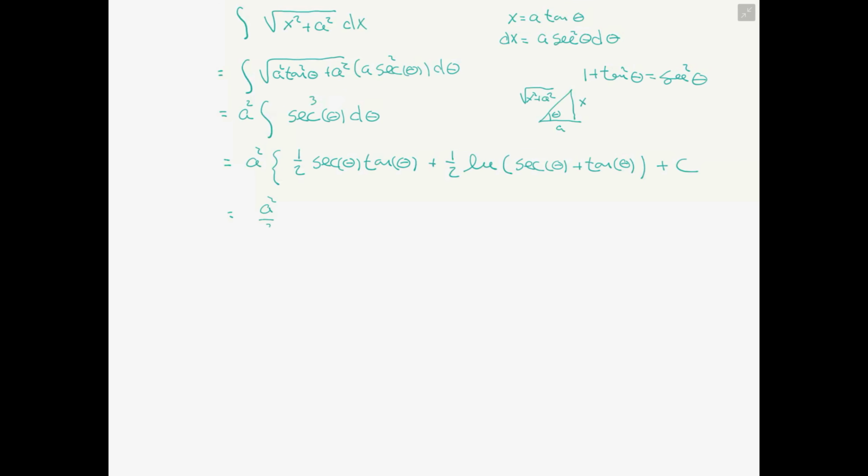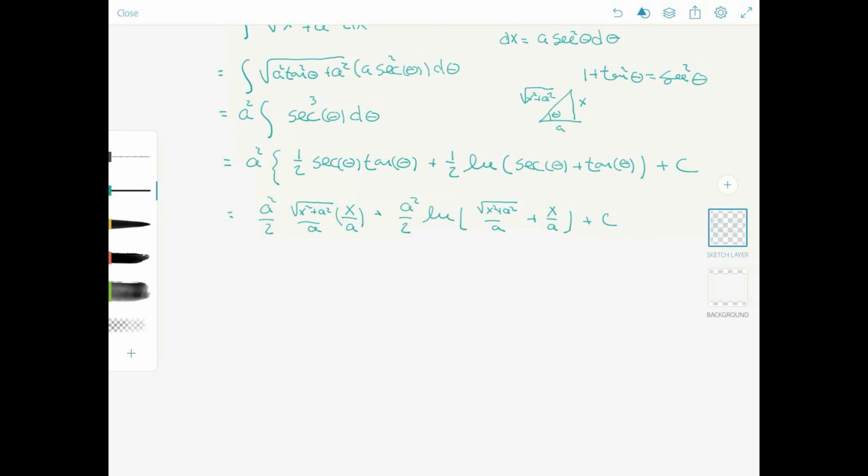So in the end, we have a squared over 2, and secant is square root of x squared plus a squared over a times x over a, plus a squared over 2 natural log of square root of x squared plus a squared over a plus x over a, plus c.